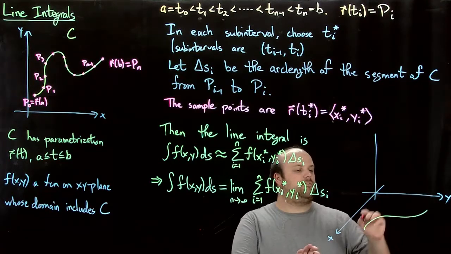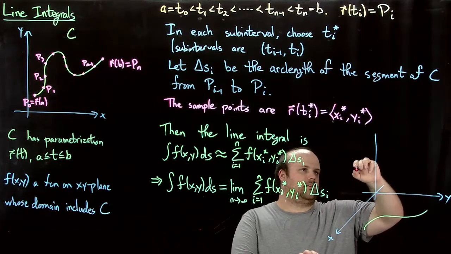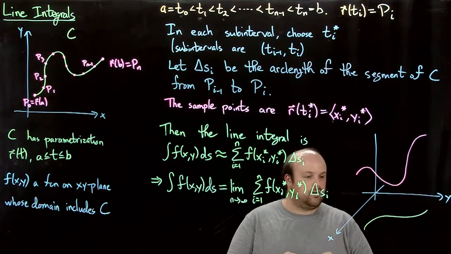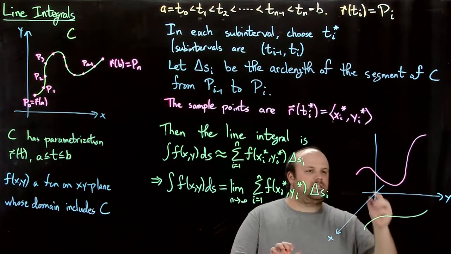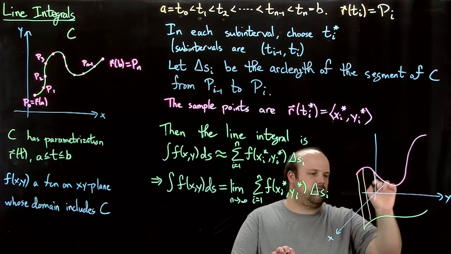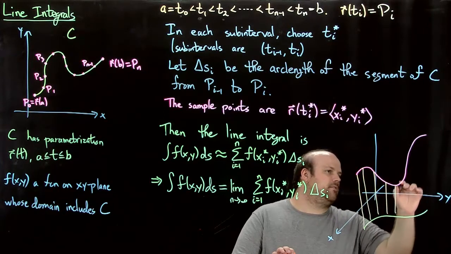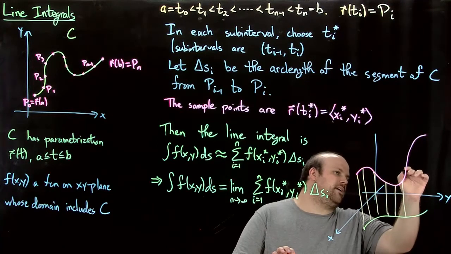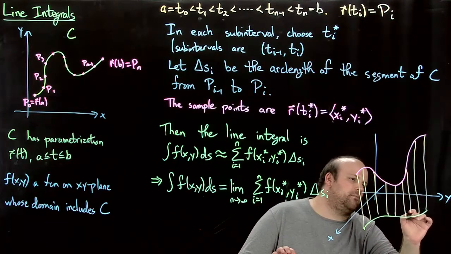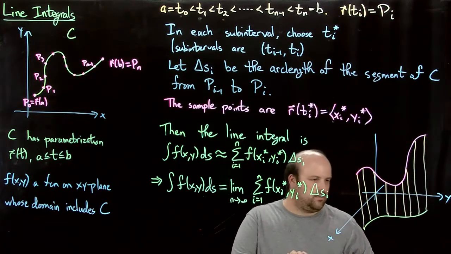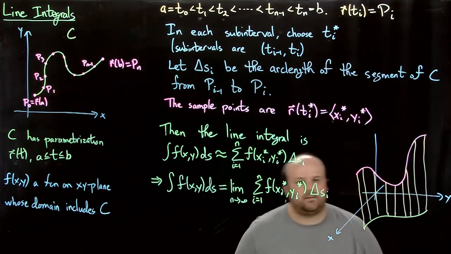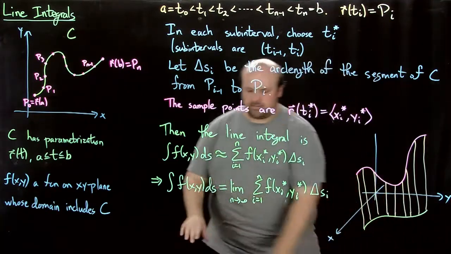And then we have some function that sits above it that does whatever it's going to do over that curve. And then what we're really doing is finding the area of the wall that's made by, you imagine you have the base of the wall. If you trace out on the floor the base of a wall, you get some curve.